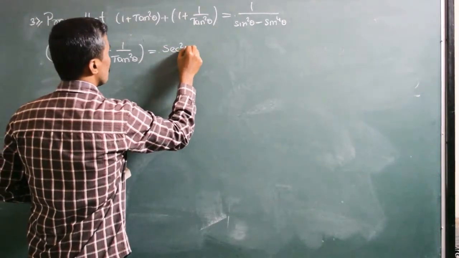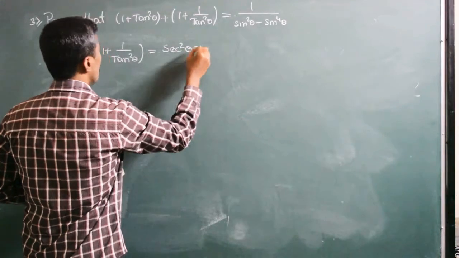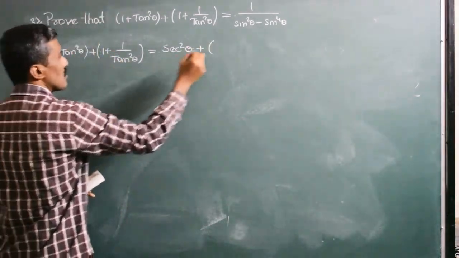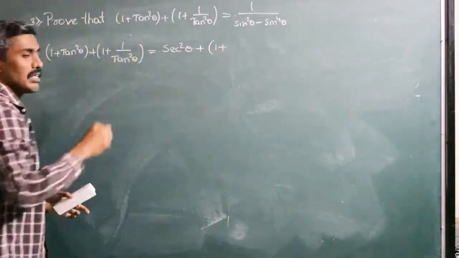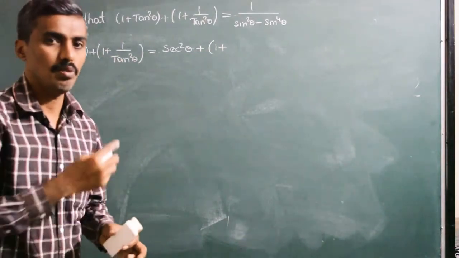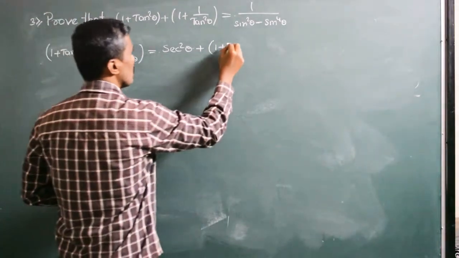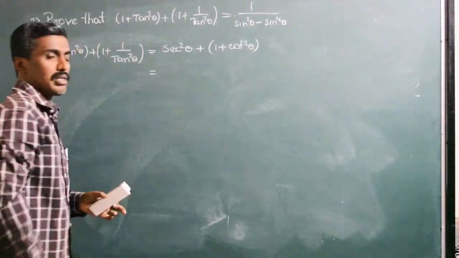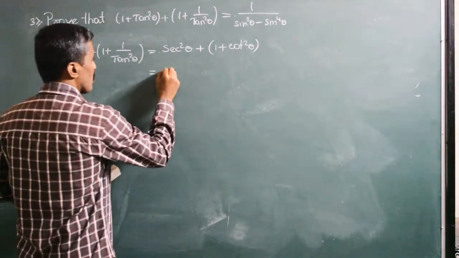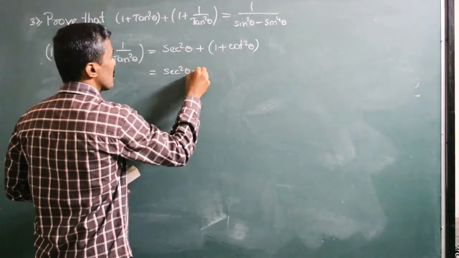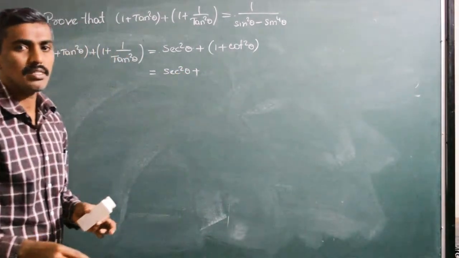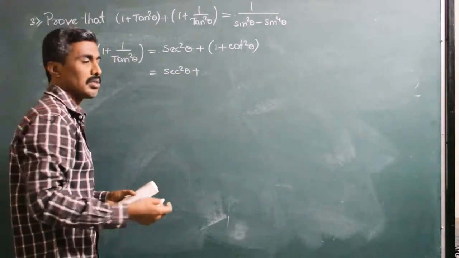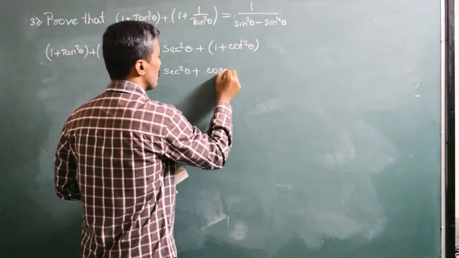Secant square theta plus 1 plus, what is 1 by tan? 1 by tan is cot. So 1 by tan square is cot square theta. Next, secant square theta plus, what is 1 plus cot square theta? It is third identity. 1 plus cot square theta is equal to cosecant square theta.